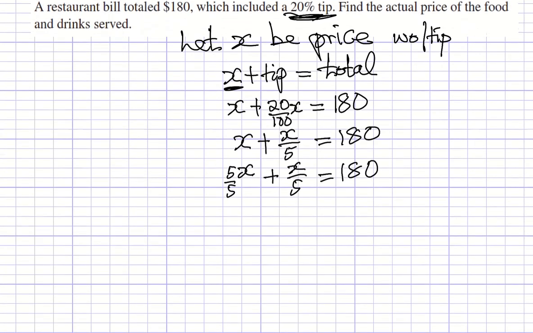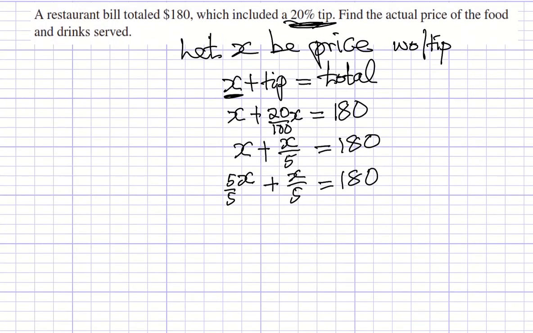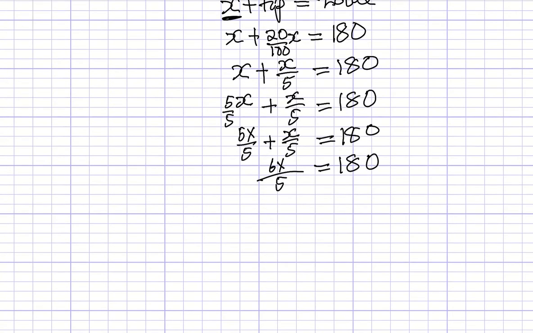You see that, right? And then this is the same thing as 5x over 5. Now they have the same denominator, and you add them, that's 6x equals 180, okay?